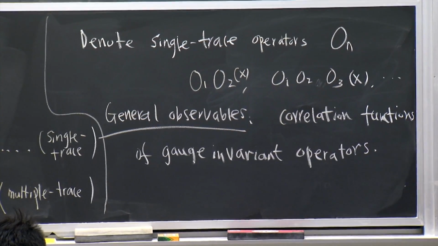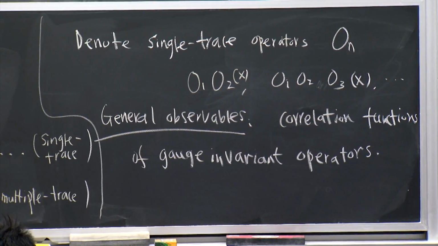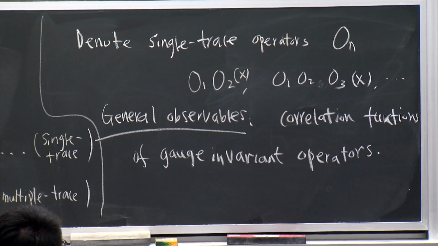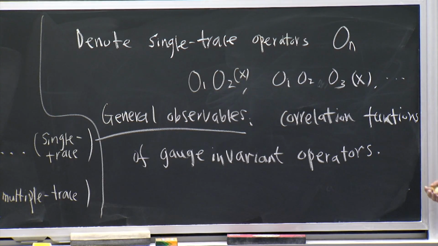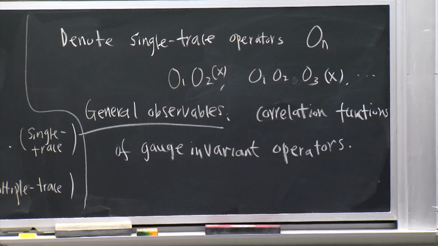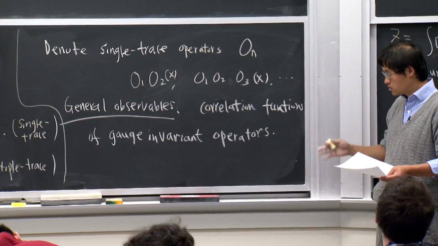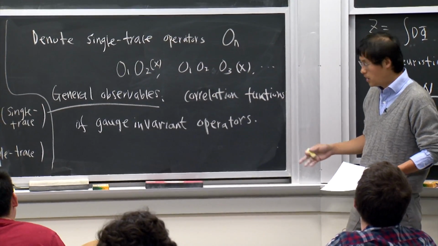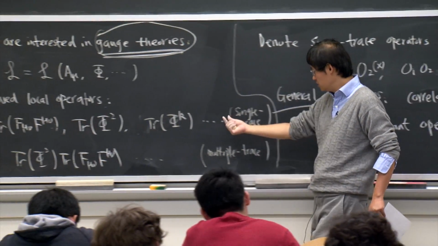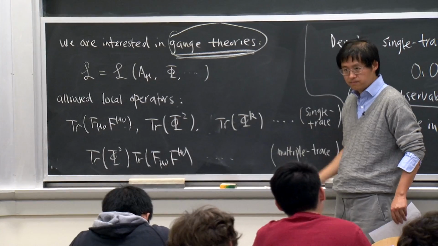Okay, just gauge invariant operators. So by gauge invariant operators, you can have local operators, non-local operators, etc. So for simplicity, I will restrict my discussion only to the local operators. Local operators means that the fields are evaluated at a single point.